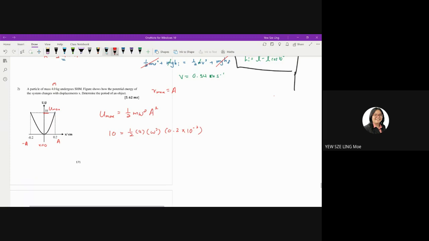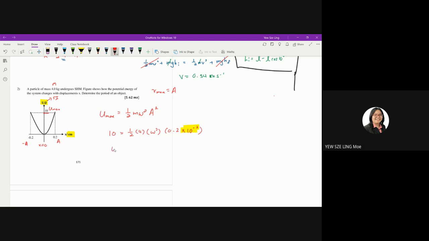Now, why times 10 to the power of negative 2? Because you are given cm in the graph. So you need to change it into meter because your energy is in joule, which is in SI unit. So A must also be in SI unit.